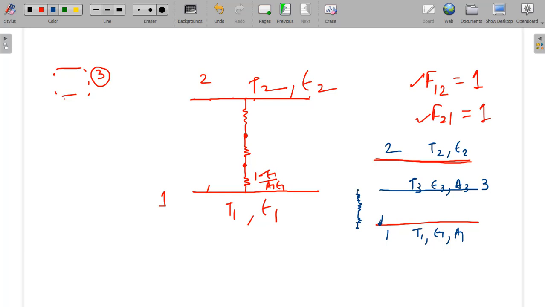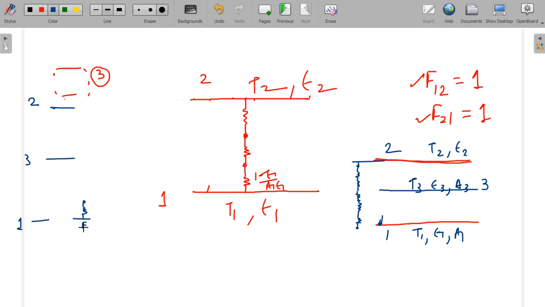Now from here to here there will be some surface resistance, then space resistance, then again surface resistance. So all these things will be there. So if you write, this is 2, this is 3, and this is 1.